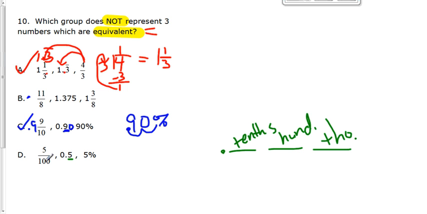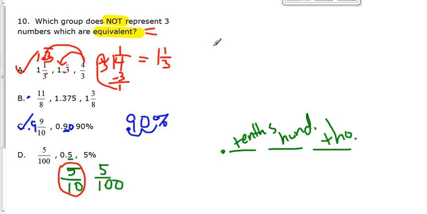So if this is 5/100 and the second one is 5/10, we already do not have a match. And again, the last one is 5%. Percent means per 100, so it's 5/100. So the one that does not match here would be our 5/10.